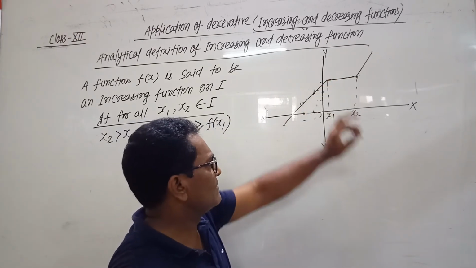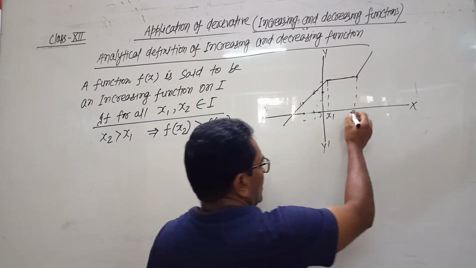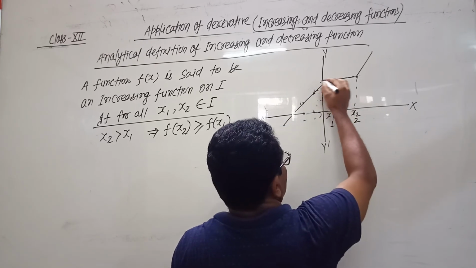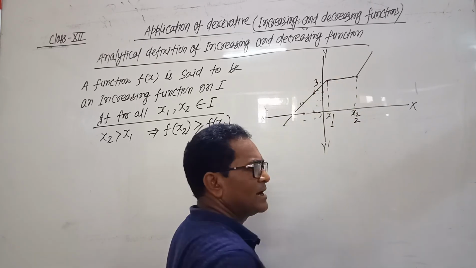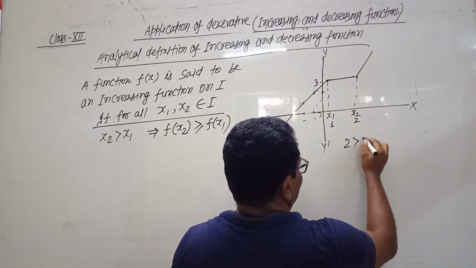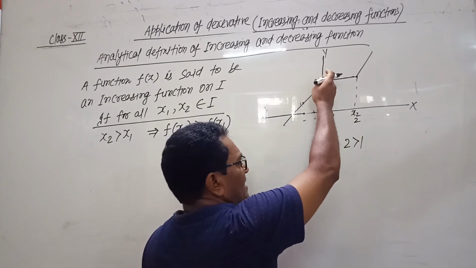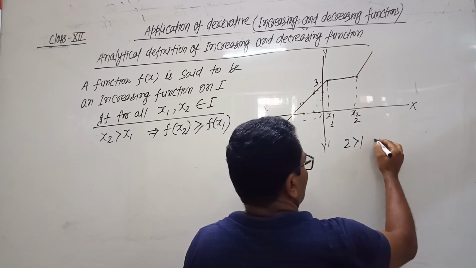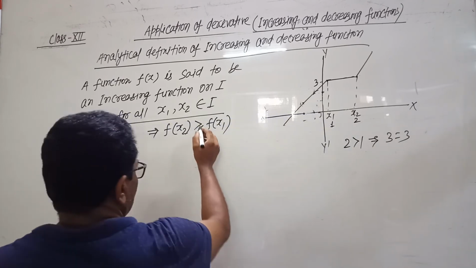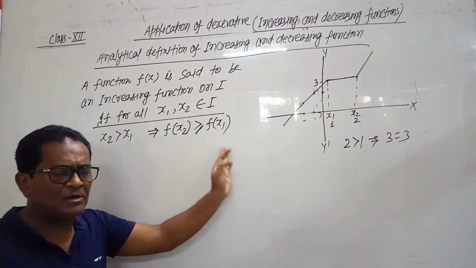So let x1 be 1, x2 be 2, and y1 and y2 both are 3. When x2 is greater than x1, means 2 is greater than 1, then f(x2) is equal to f(x1), which implies 3 equals 3.